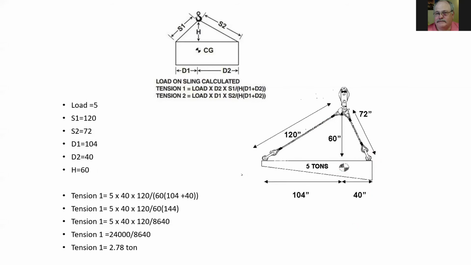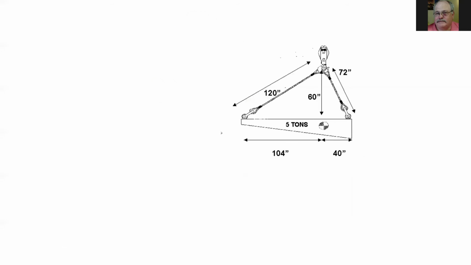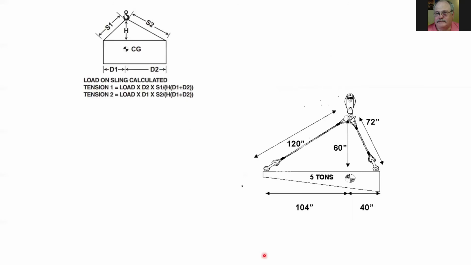Now, on the other side, we have another formula, tension in sling 2. So now we can calculate this one. Let's say we couldn't put the chain fall over here, but we could put it over here. We're going to use the same numbers in a slightly different formula.